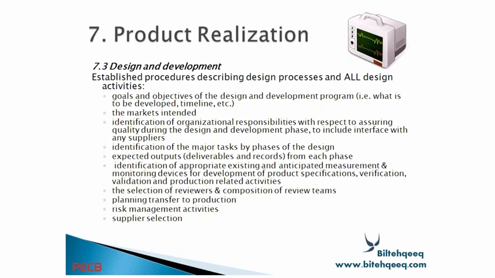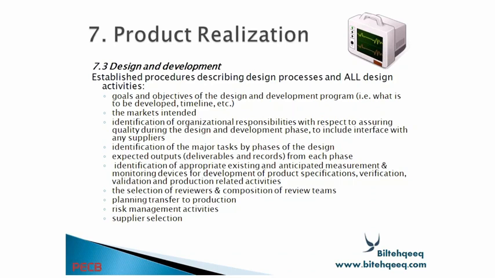And 7.3 is related to design and development, which states established procedure describe design process and all design activities, goals and objectives of the design and development program, what is to be developed, and timeline. The market's intended use, identification of organization responsibility with respect to ensuring quality during the design and development phase to include interface with any suppliers.